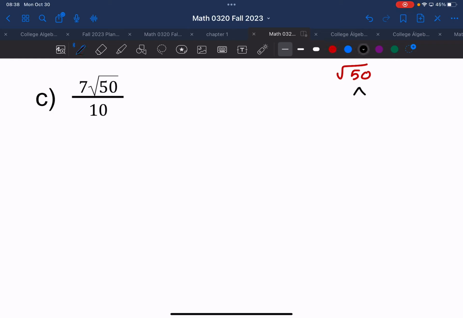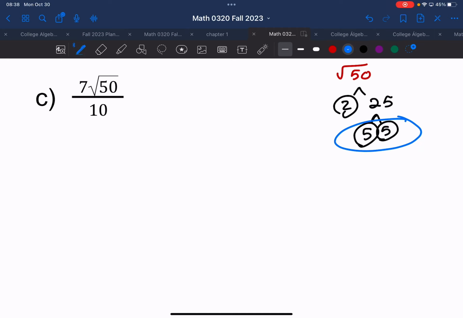So what's the smallest prime number that can go into 50? 2, and then we end up with 25, and then what's next? 5, and we end up with 5, which are both prime numbers. So since we're doing the square root, we have to circle pairs of 2.